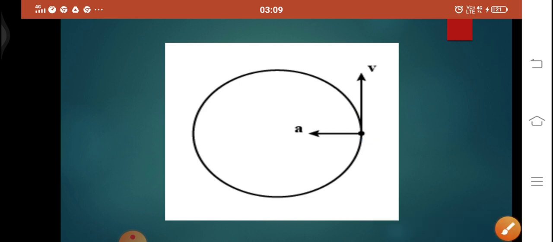This is an example of uniform circular motion. Uniform circular motion is that motion in which the acceleration arises due to change in direction of velocity. Okay, thank you.